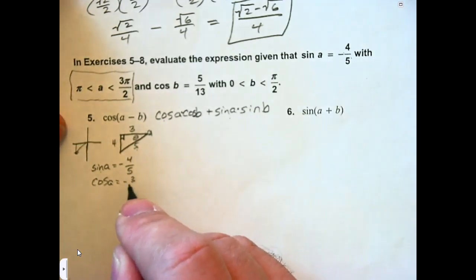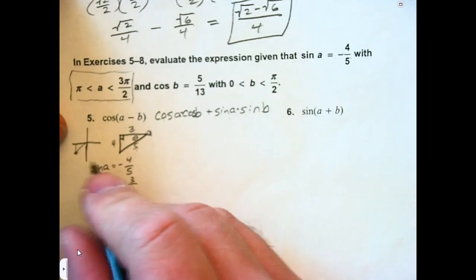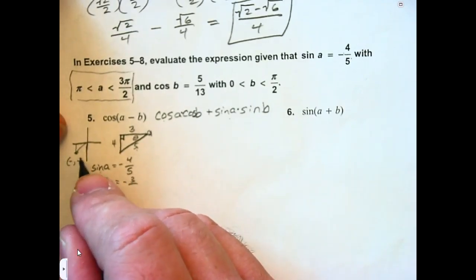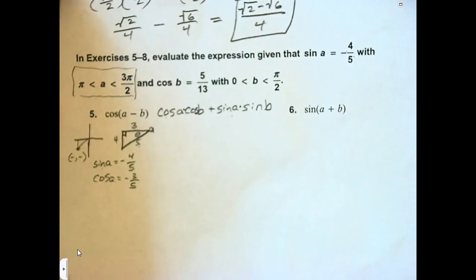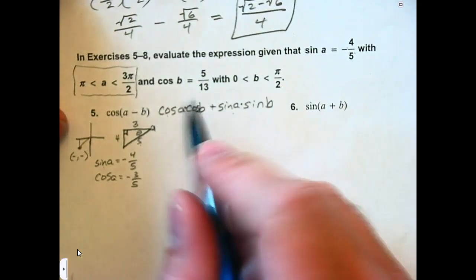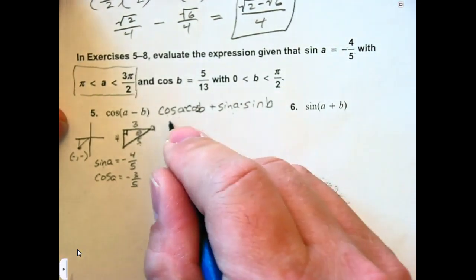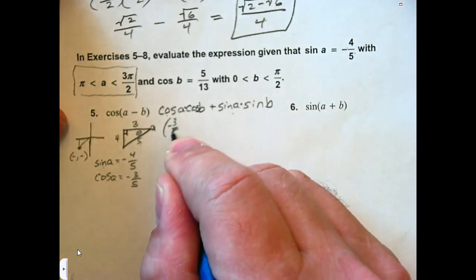Yeah, because it's negative x values as well over here. This is a negative quadrant. It's a very pessimistic quadrant over there. So cos A is -3/5.